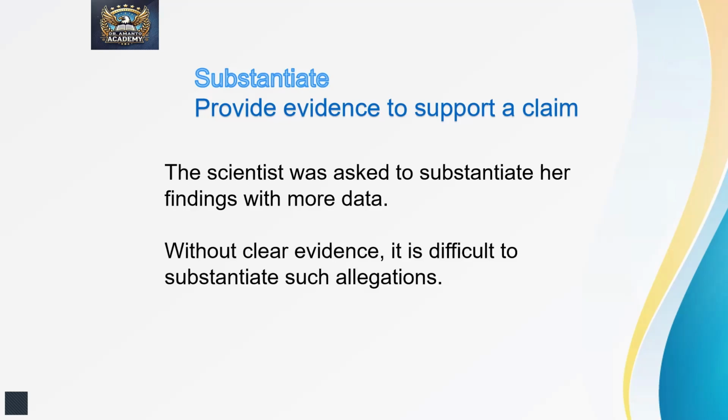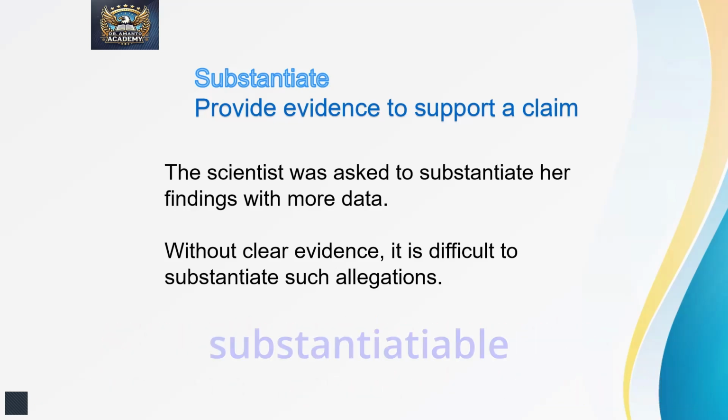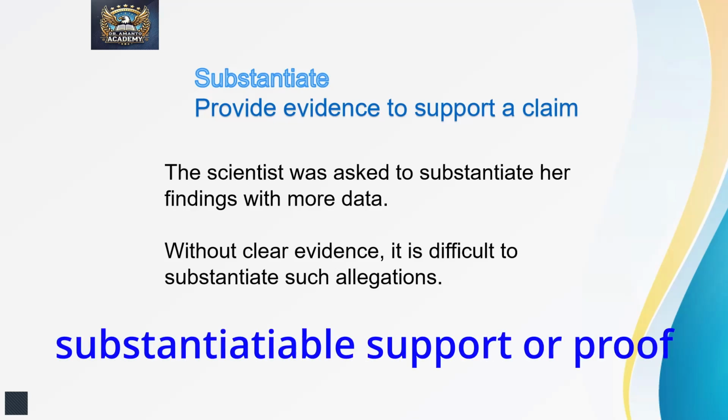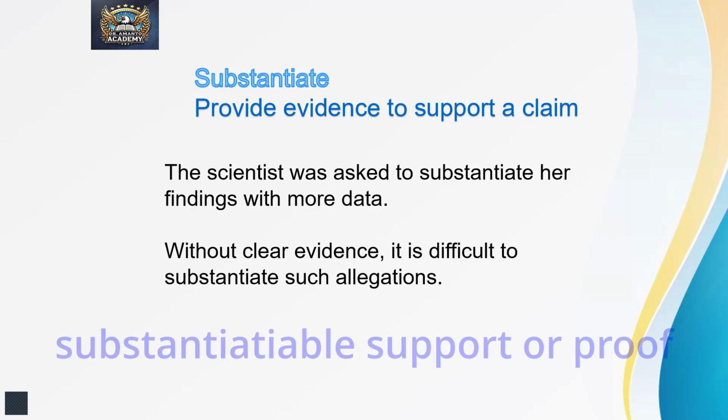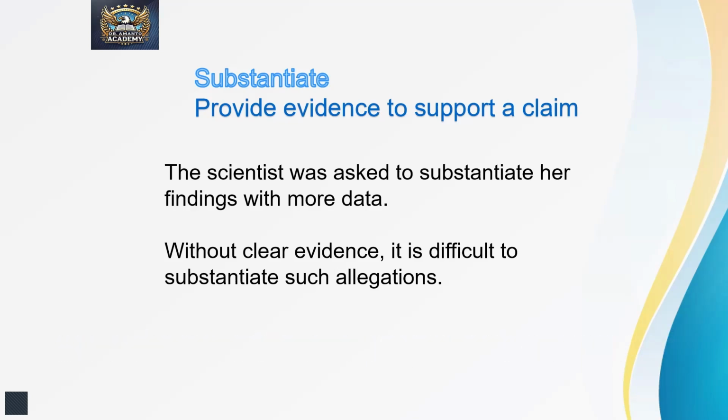Without clear evidence, it is difficult to substantiate such allegations. Allegation means kind of accusation, especially false accusation. You accuse somebody falsely without any substantiable, that is an adjective form of this, substantiation, support or proof. So allegations is false accusation.